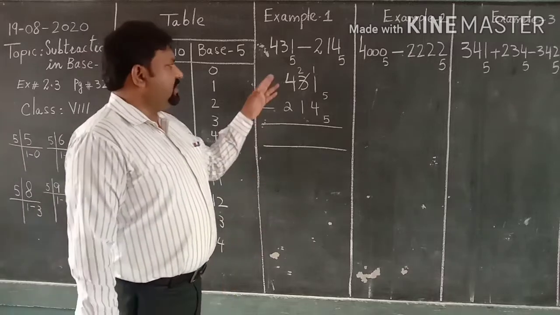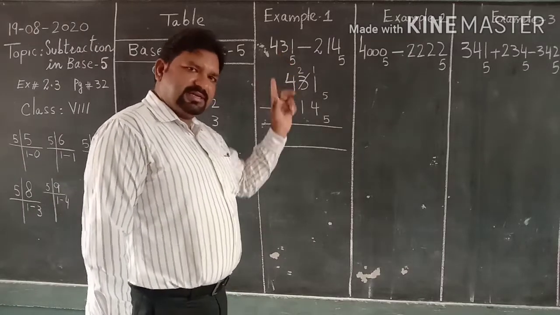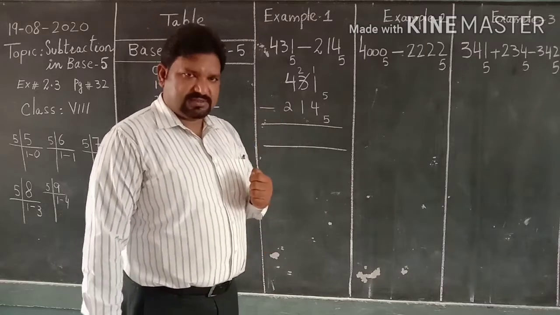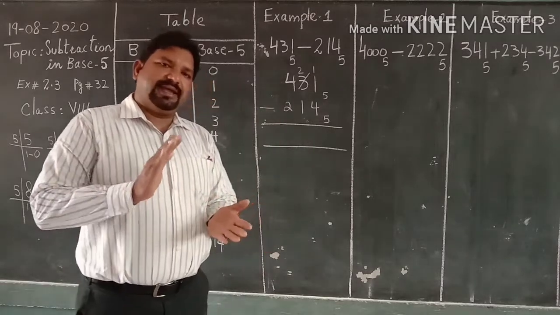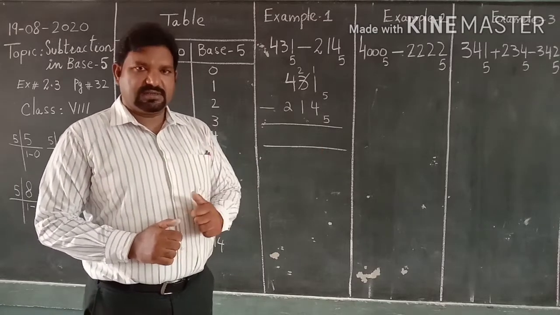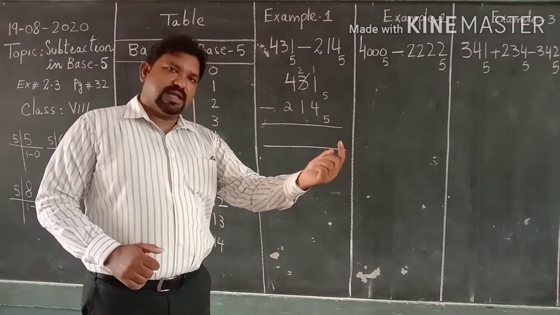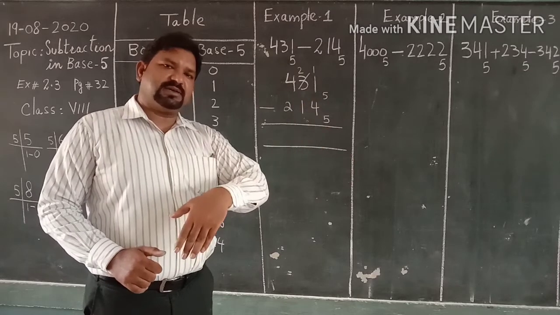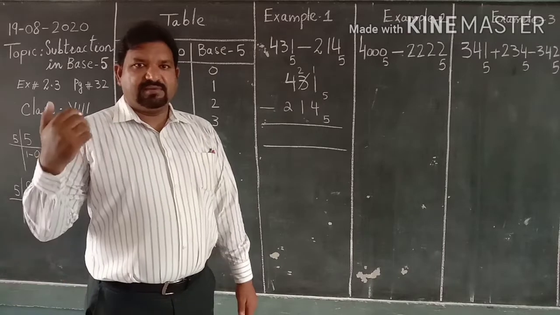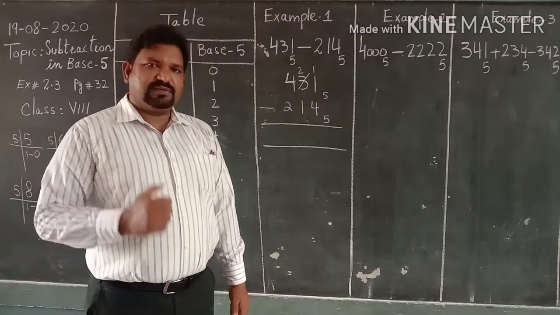When we take a carry in base 10, we take a carry of 10, because the decimal number system has 10 symbols, 0 to 9, and the base of the decimal number system is base 10. So that's why we take the carry of 10.